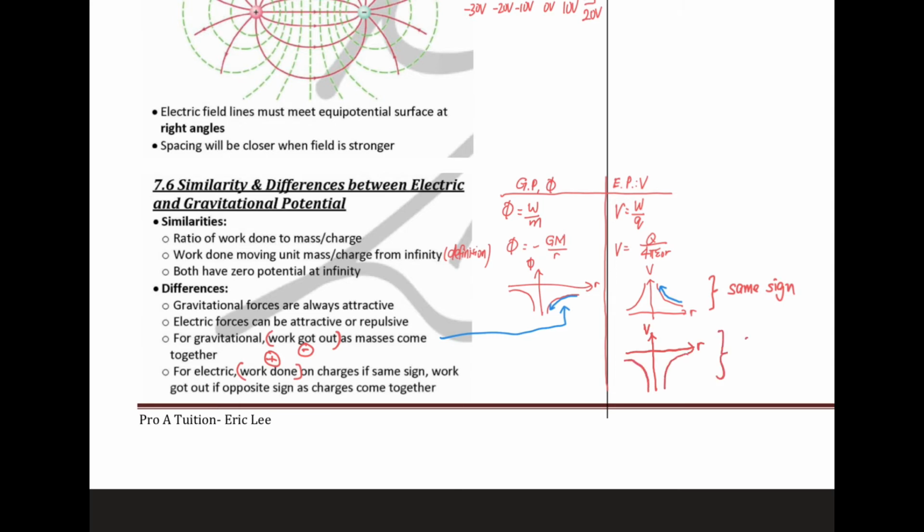So this is where the charges have opposite sign, and when the charges come together, so we follow the blue arrow, the R is decreasing, the V is getting more and more negative, and V is work done. Hence the work done, I mean the work is negative, and we call it work got out.